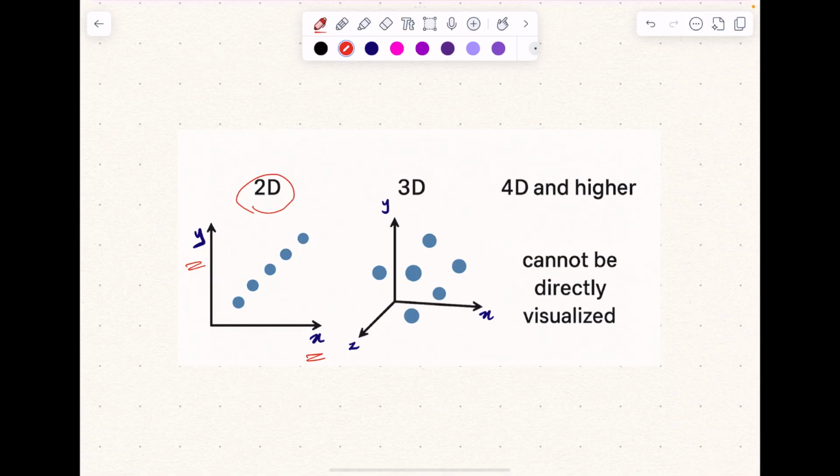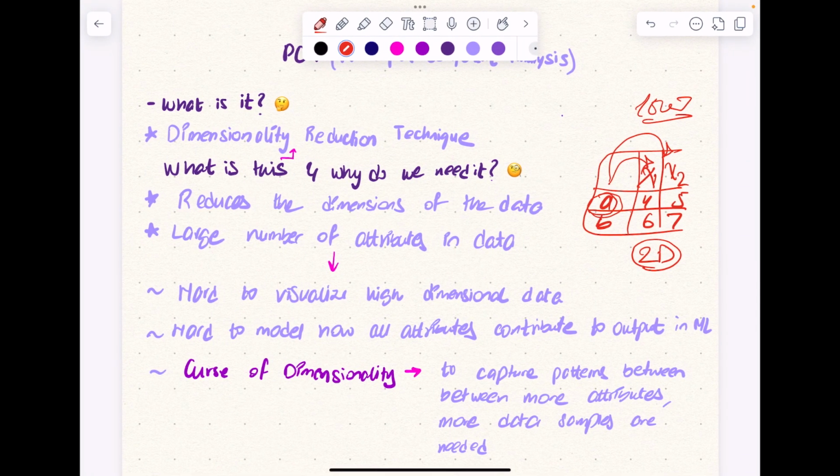Going to 3D also, it's sort of easy. We can draw 3 axes on our paper and visualize it. But going beyond these dimensions, it becomes hard for you to draw all these axes onto a sheet of paper. So it becomes hard for us to visualize and understand the data.